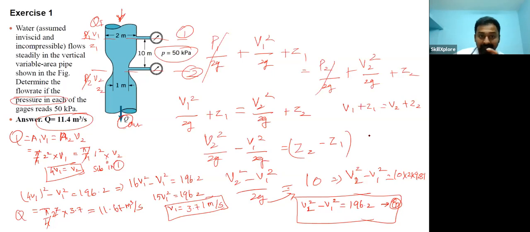So where you have to add that acceleration due to gravity, you have to convert this distance into a pressure head. Into a head. So how to do that? If you want to convert this into a head, then you have to consider this as the acceleration due to gravity.